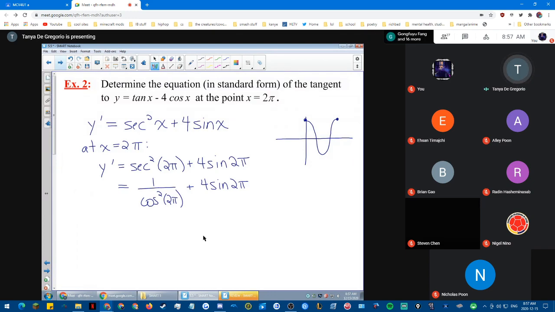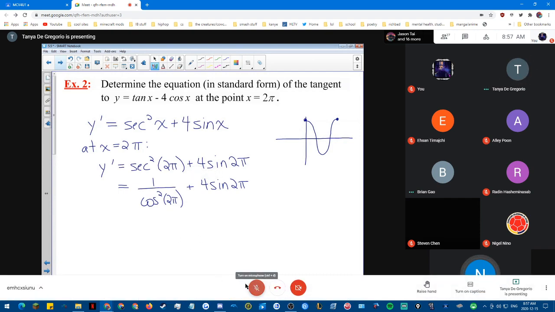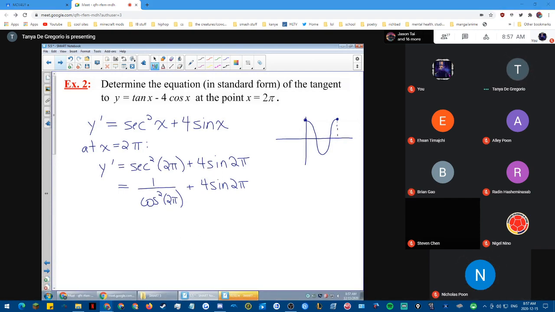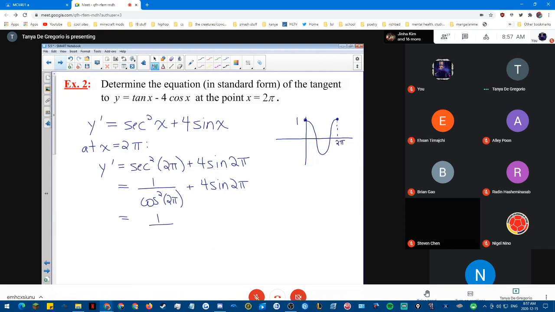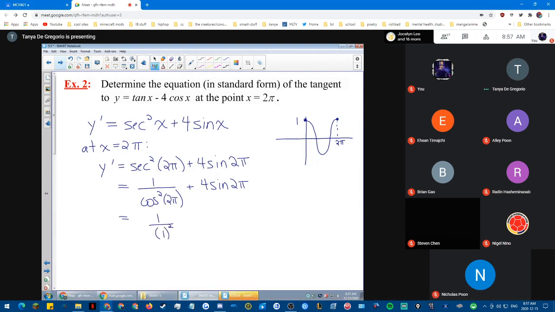And our period here is what? 2 pi. Excellent. And so I can very clearly see here that cos of 2 pi is equal to 1. So I can sub that in. One squared, right? Because it's cos of 2 pi times cos of 2 pi.